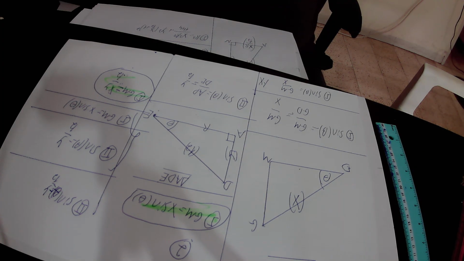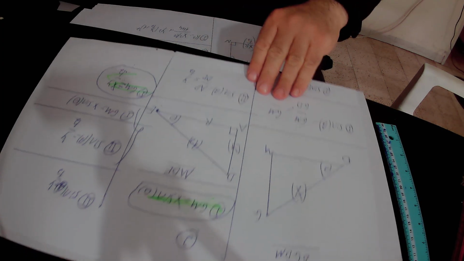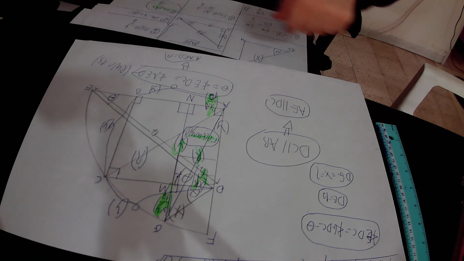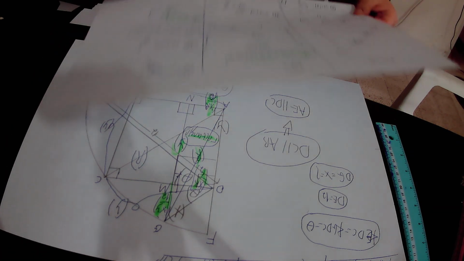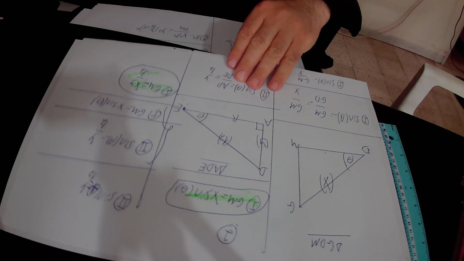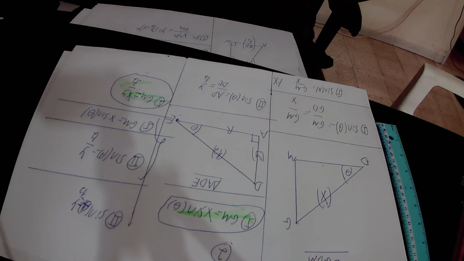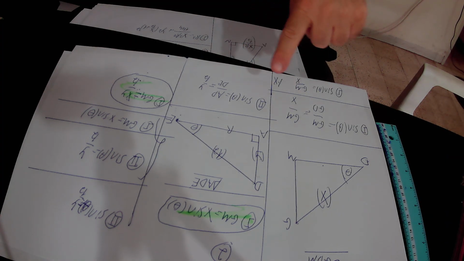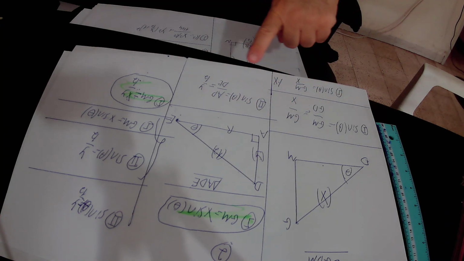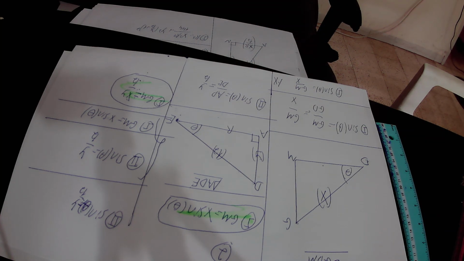In the next step, we copy the right triangle ADE in this new page and continue to analyze it. This is the right triangle ADE that I copied from the original drawing. In this right triangle ADE, it is very easy to see that sine theta equals AD over DE.